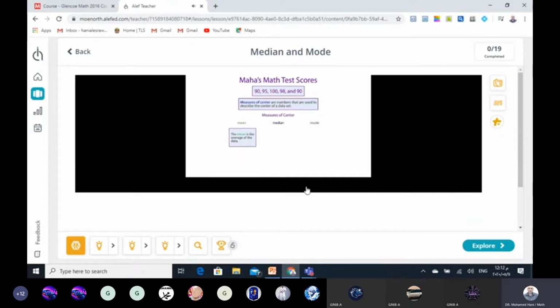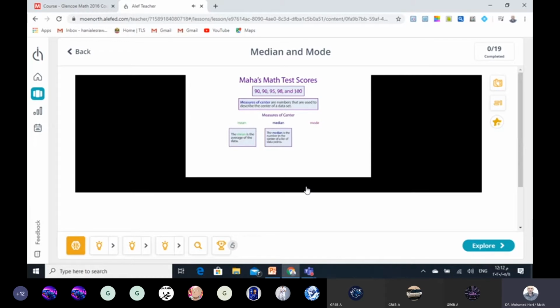There are also 2 other measures of center you can calculate for a data set called the median and the mode. The median is the number in the center of a list of data points. To find the median, the data must be sorted from least to greatest.